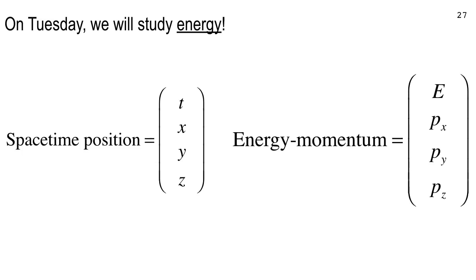And then energy momentum, we would call this the energy momentum vector. Energy, whatever it works out to be, kinetic energy or electrostatic energy or something like that, is the first part, and then the three spatial ones come after that.